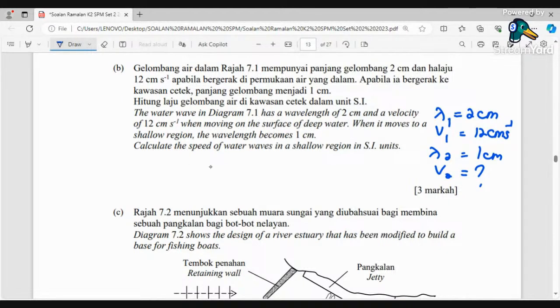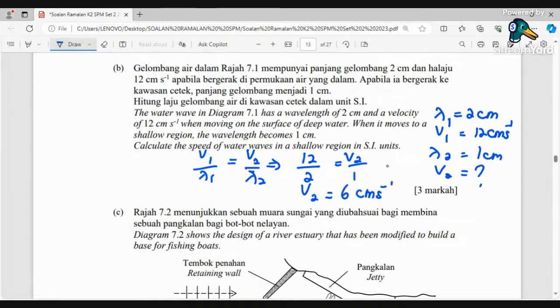Okay, so relationship, because F constant, V1 over lambda 1 equals V2 over lambda 2. Okay, so we get V2 ialah 6 cm s^-1.